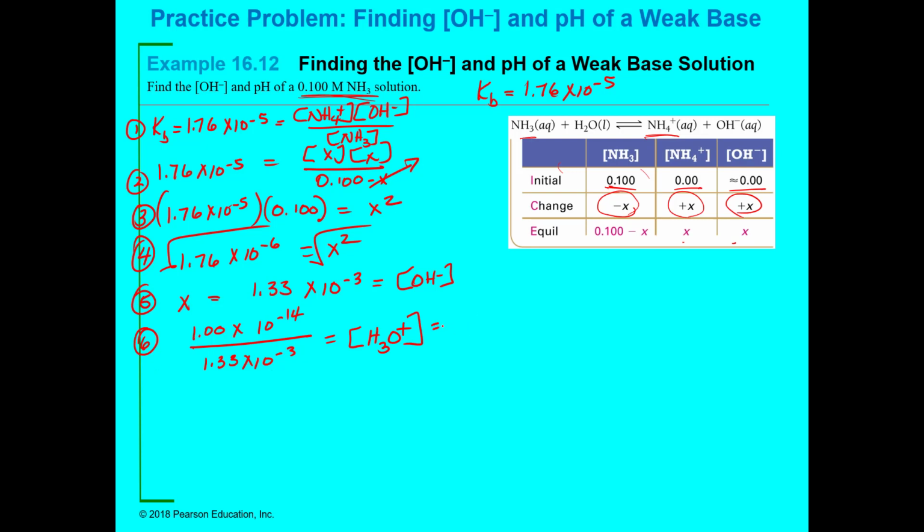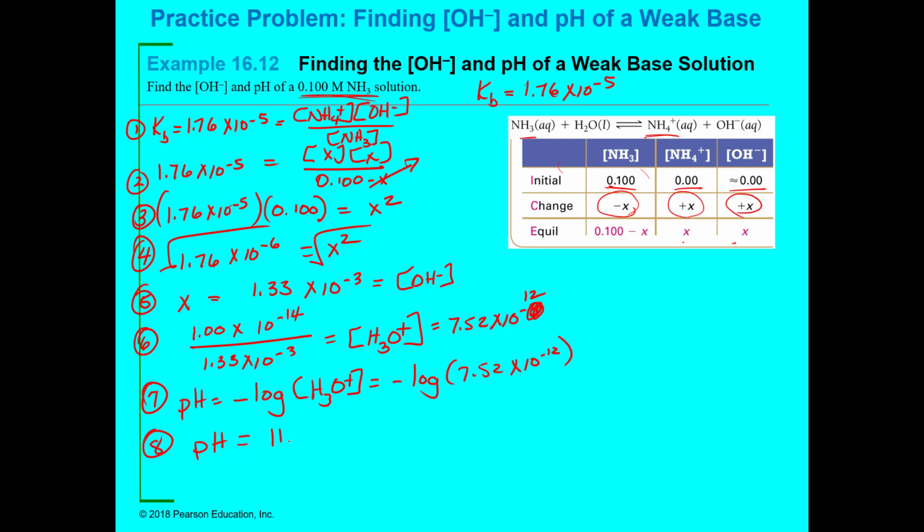And so that's going to give us 7.52 times 10 to the minus 12, sorry. All right, and so the pH is going to be the negative log of the H3O plus, which is the negative log of 7.52 times 10 to the minus 12. And so the pH is 11.12.